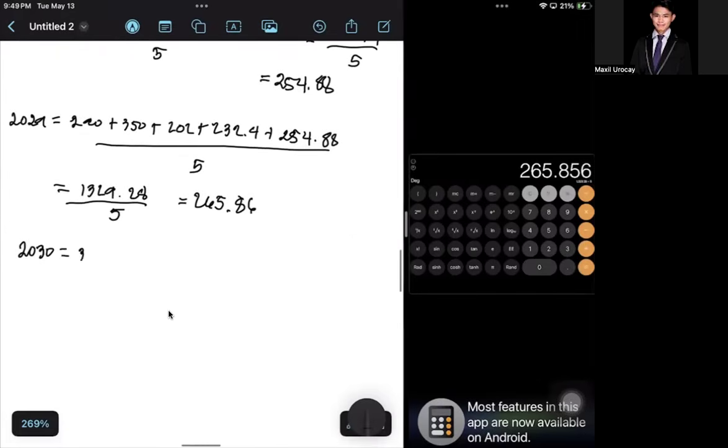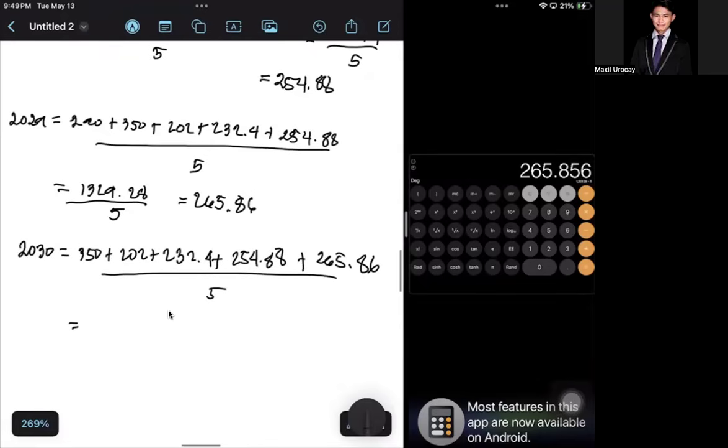And for 2030, that is 350 plus 202 plus 232.4 plus 254.88 plus 265.86 divided by 5. That is 753. Are you sure with that? No, that's not correct.